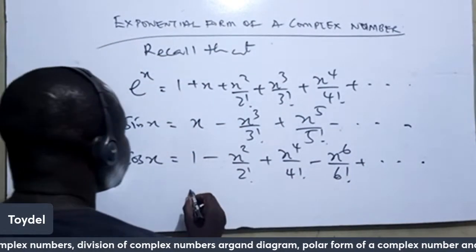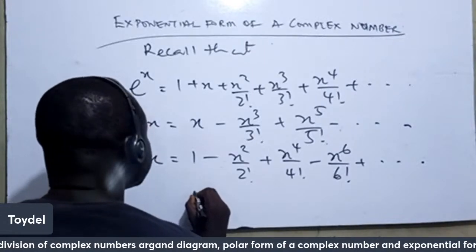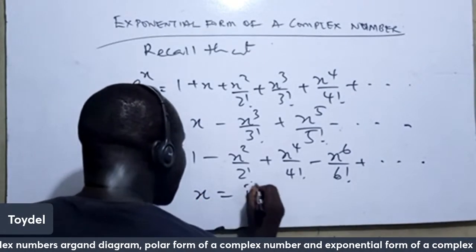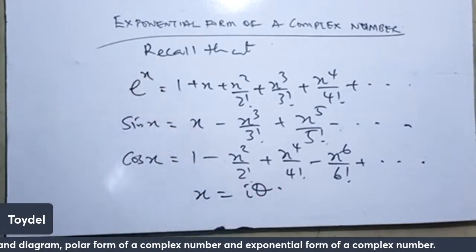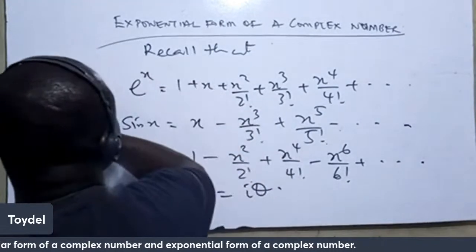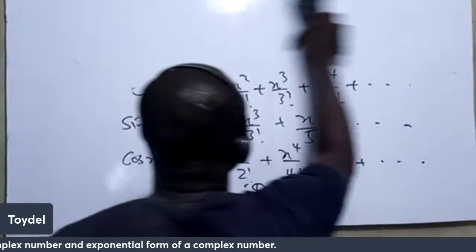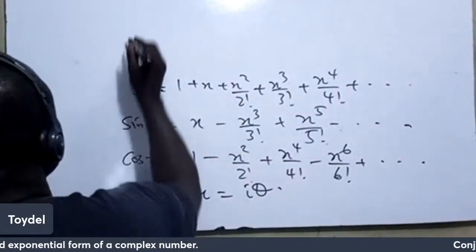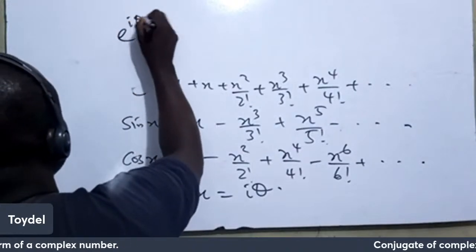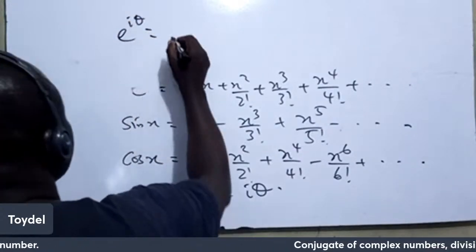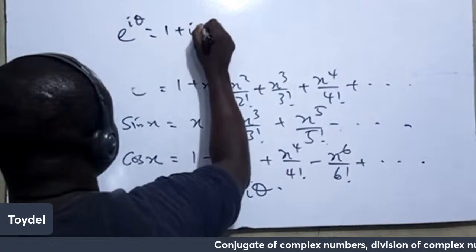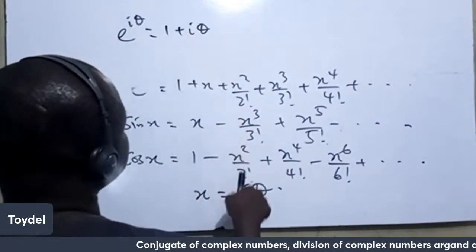But if we decide to replace x by i theta, what will happen? We are going to get exponential i theta equal to 1 plus i theta. Wherever we see x, we change it to i theta.